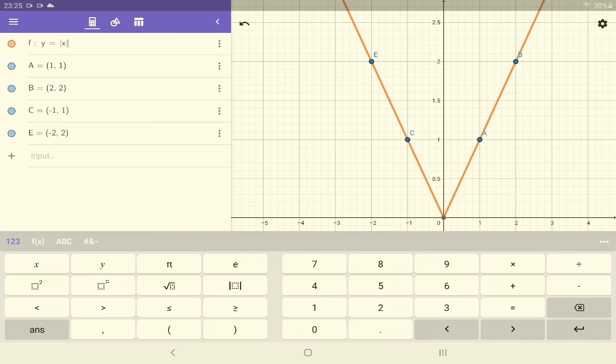Okay, let us check the last one, the signum function.